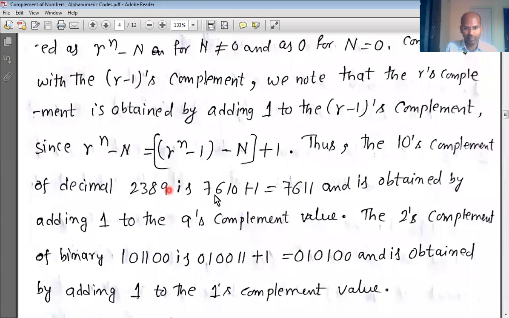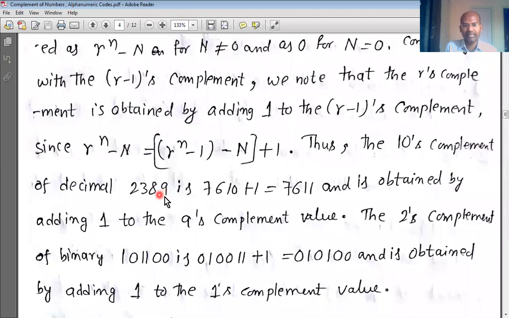So that is shown here. Sorry, 7610 is the 9's complement of 2389. We get the 10's complement by adding 1 to the 9's complement, which is 7611. So 7611 is the 10's complement of 2389. And in that process, how have we done it?